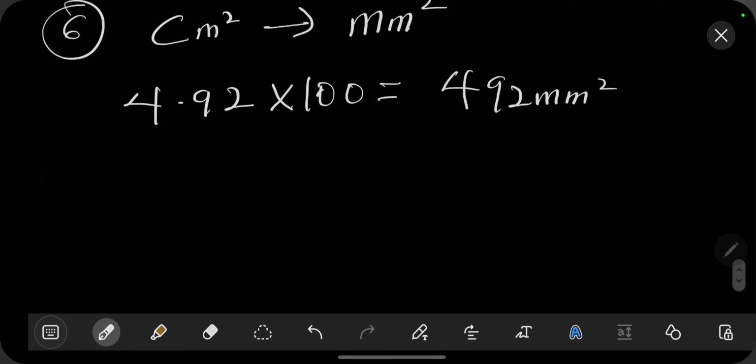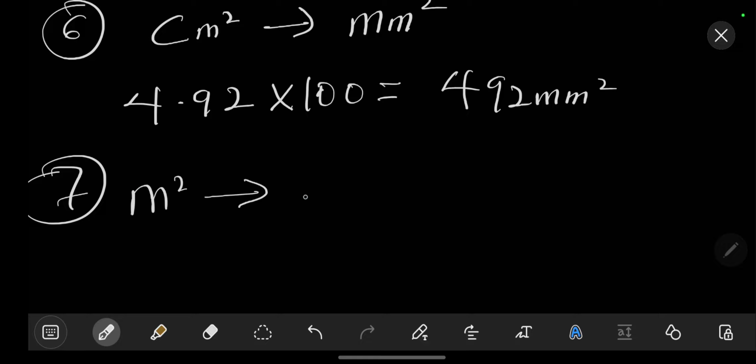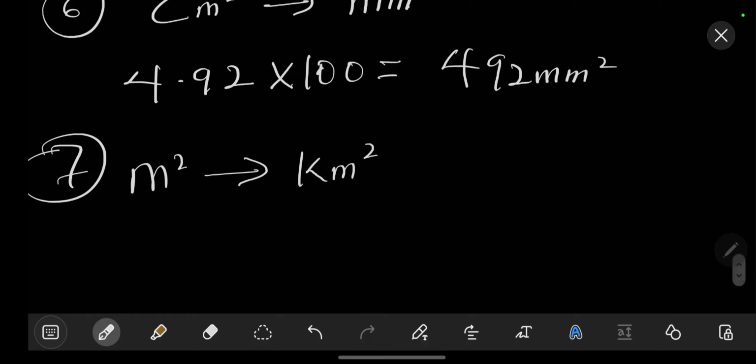Now, number 7. How do we convert from meter square to kilometer square? And this will be the last part of it.